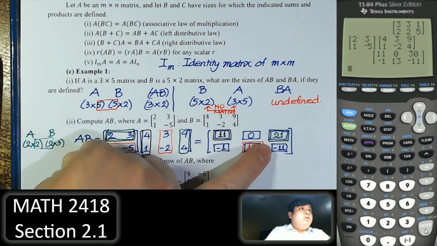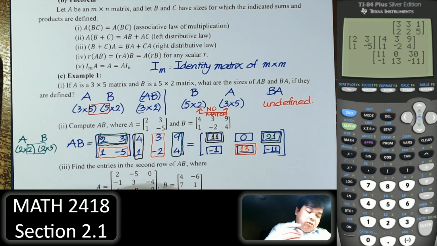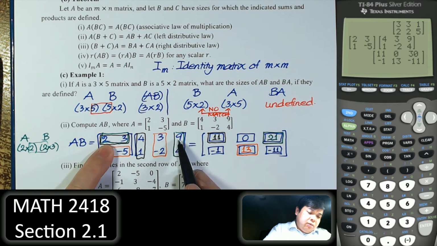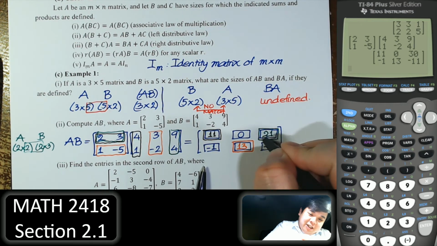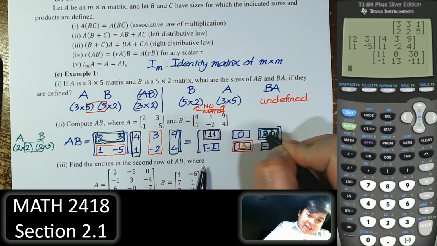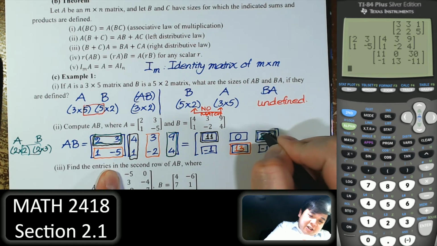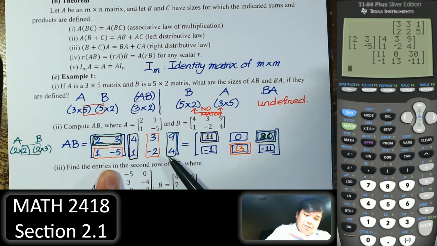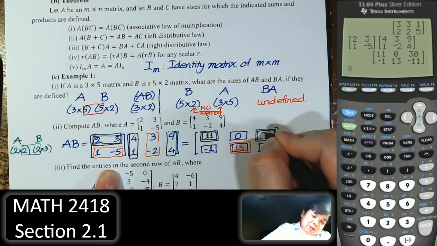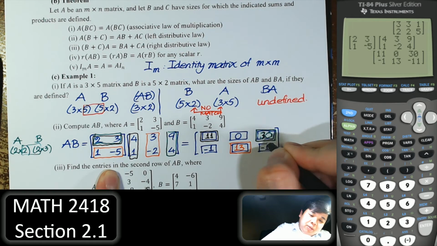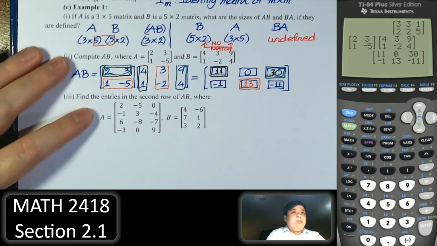Right, 11, 0, wait, 18 and 12, okay. Yeah, I'm glad I checked, that will be 30. Yeah, 18 and 12, that's 30. Right. So that's all we do.